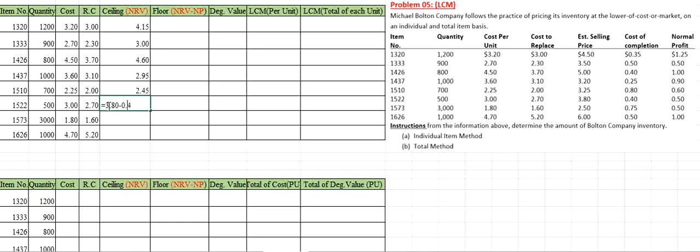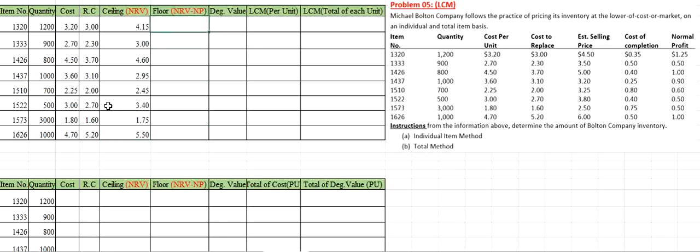Then our second last selling price is 2.50 minus 0.75, and our last item price is 6.00 minus 0.50. So we got the net realizable values of all the items that we have.